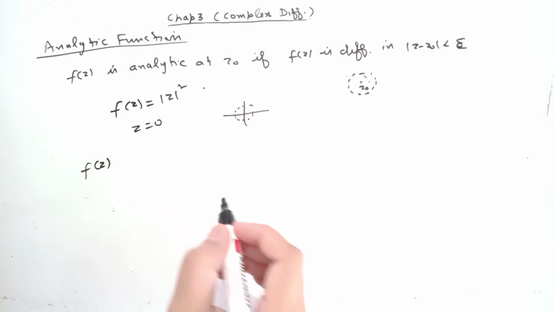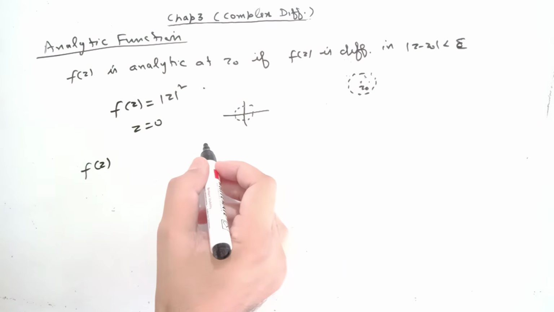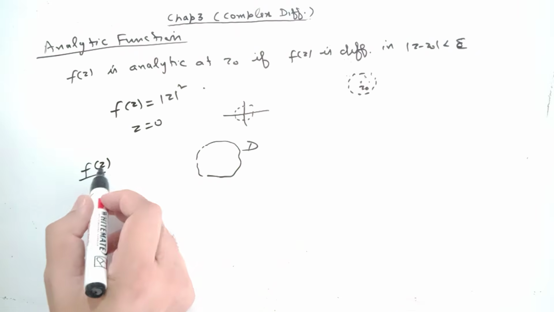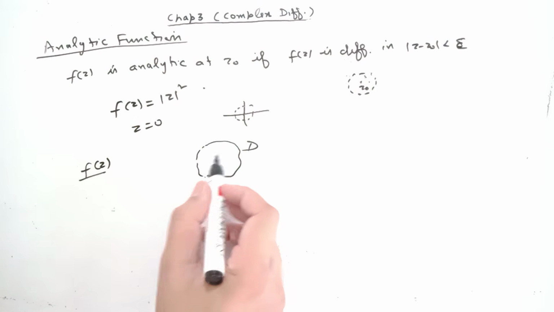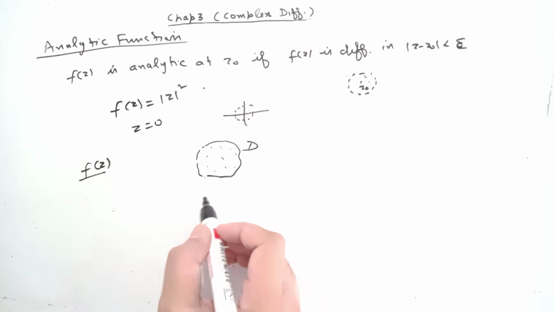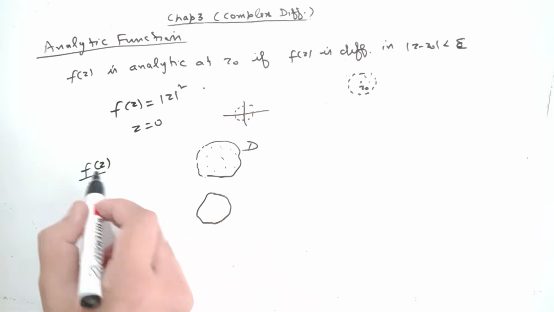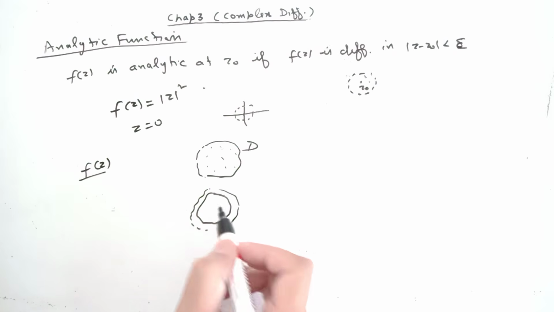How do you define analyticity in some domain? Say you are given some domain D. The function f(z) is analytic in the domain D if it is analytic at every point in D, or you can say it is differentiable at every point in D. In case it is a closed set, then the function should be differentiable or analytic in some open set carrying this closed set.